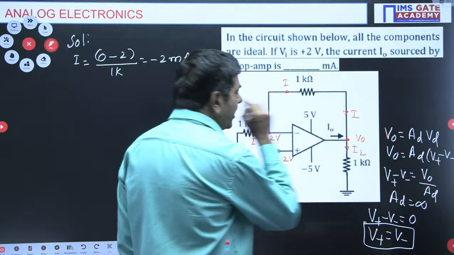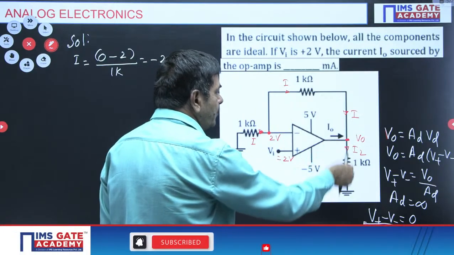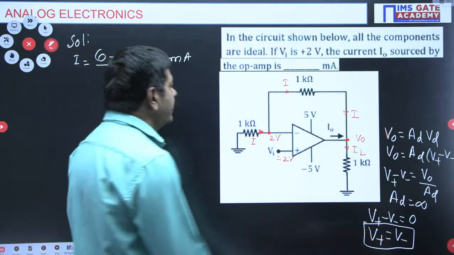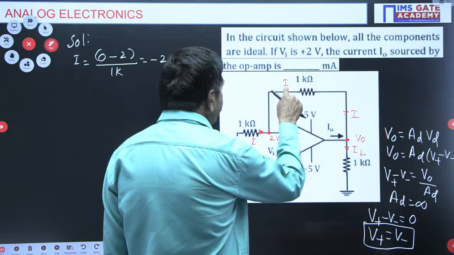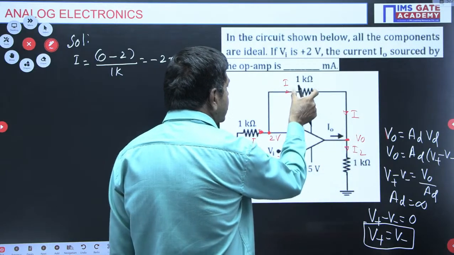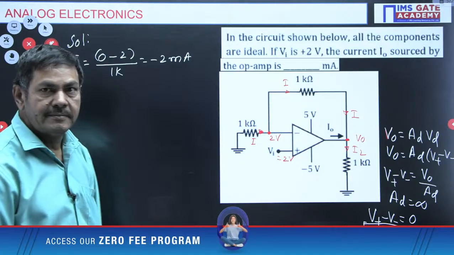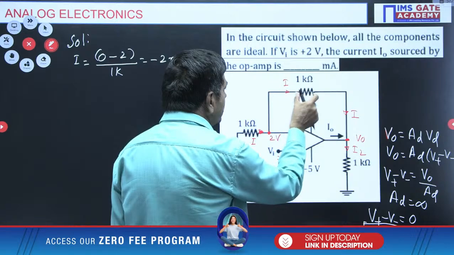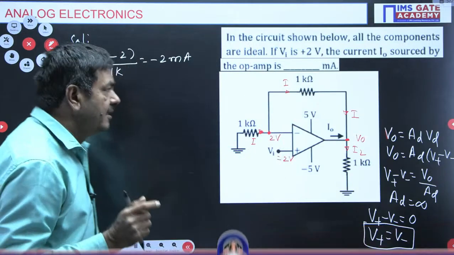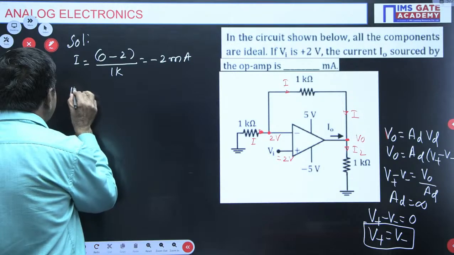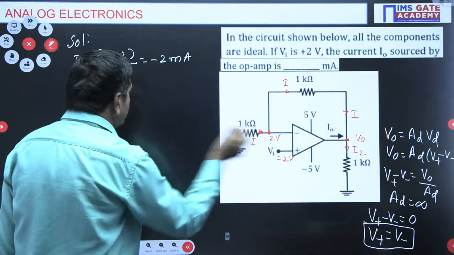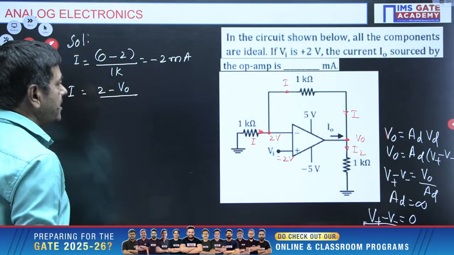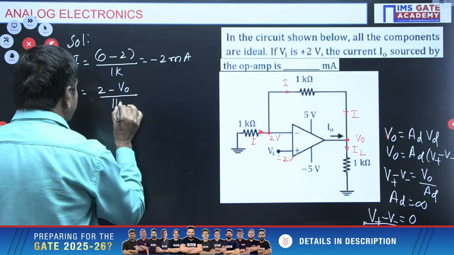I want V0 also. Without V0, I cannot find I2. How to get V0? I equals 2 minus V0 divided by the resistor. I want to apply Ohm's law, because I want to find the current through the 1K, which is the difference of voltage by resistance. So I equals 2 minus V0 divided by 1K.